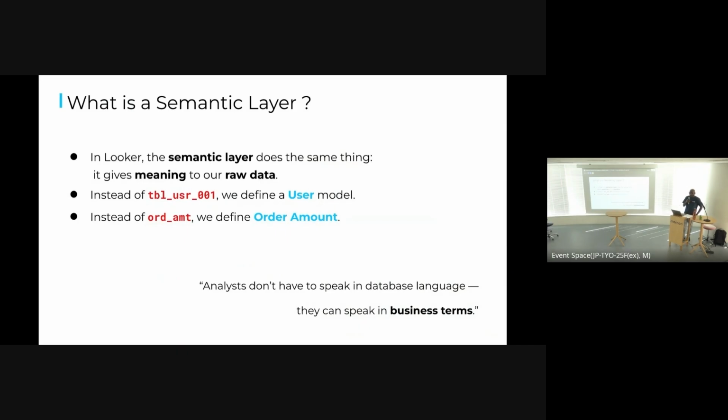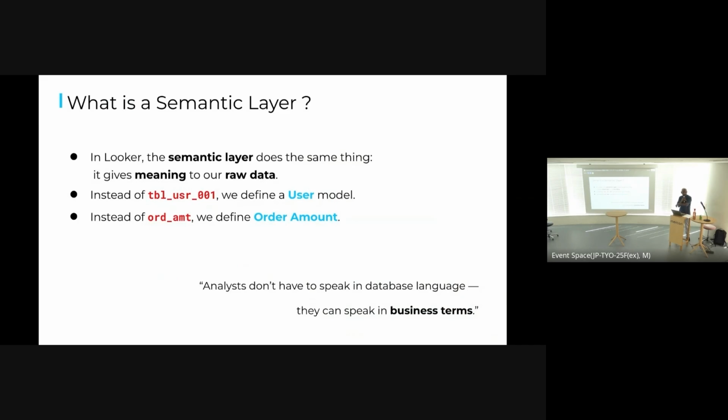So, for example, if we are tech folk or someone who is dwelling in the data space, if I say TBL_USR_001, just like naming a variable, whoever is handling that data will know that this table contains the information about the users, right?